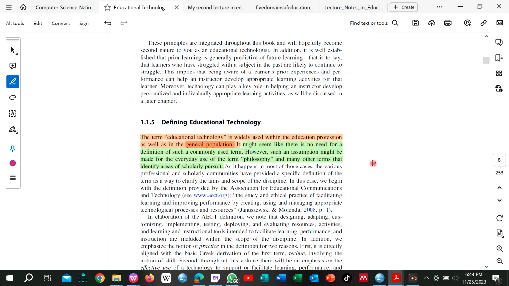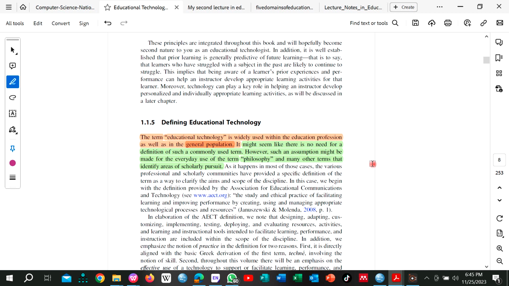So you are going also to realize that the term educational technology is not only for the education population or profession. We are using it generally. Everybody needs this, because it is used in the general population.